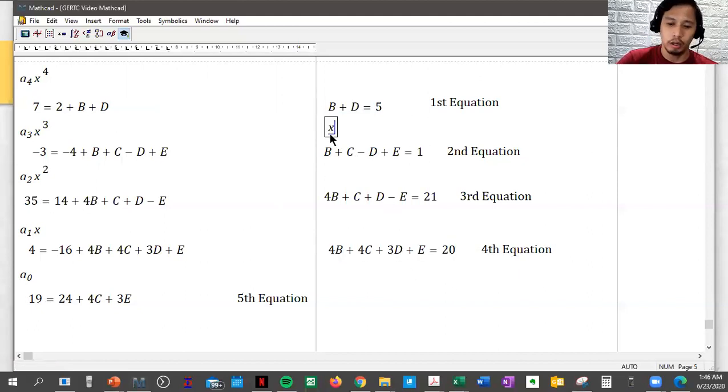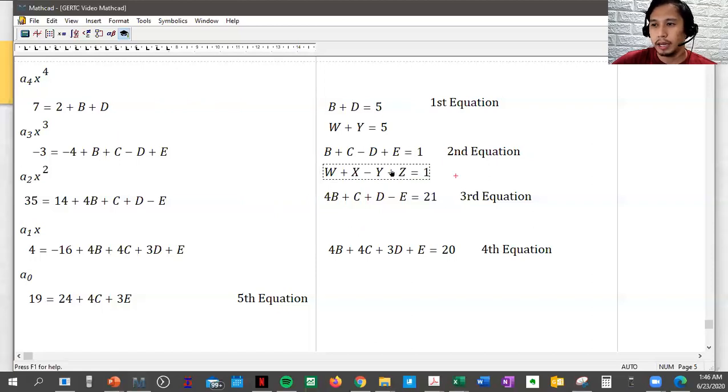Now, in the calculator, we are to make b as w, c as x, d as y, and e as z. So this is w plus x minus y plus z equal to 1.